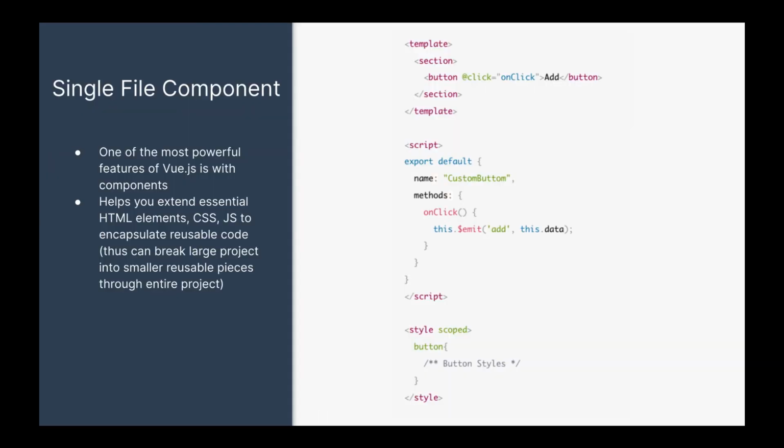Now we're looking at the single file component. One of the most powerful features of Vue.js is that you can extend your essential HTML elements up at the top, with CSS down at the bottom and JavaScript in the middle, to encapsulate your reusable code within that one specific file, which makes this very easy to read.